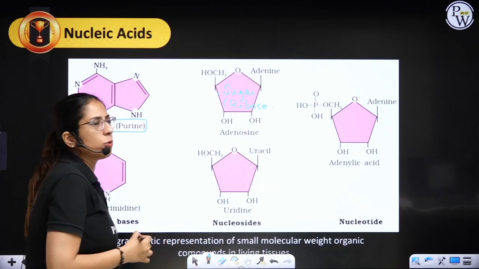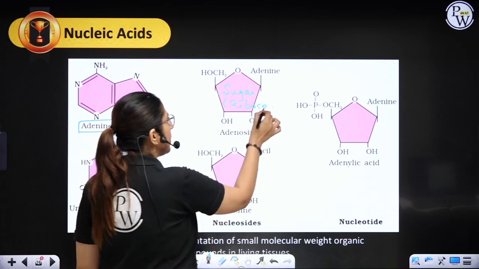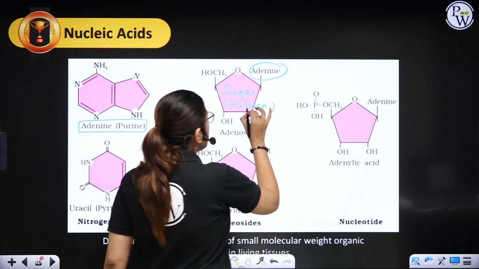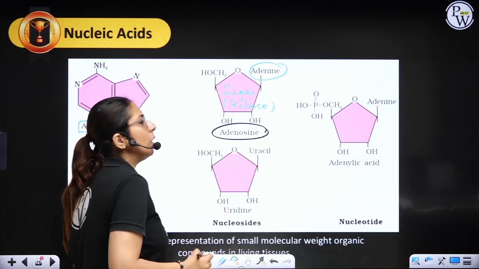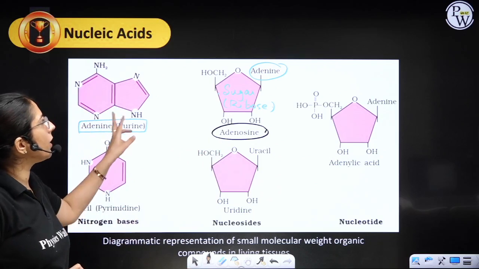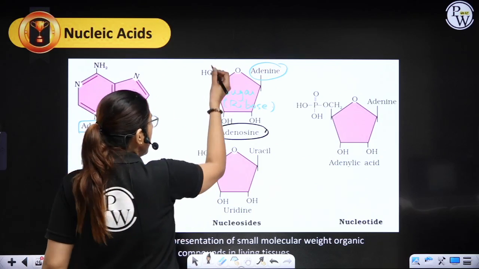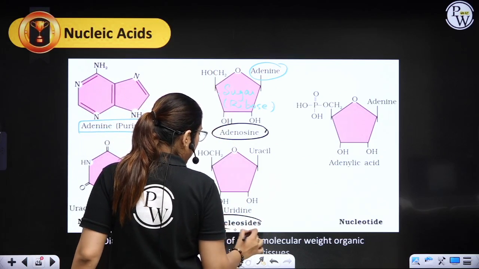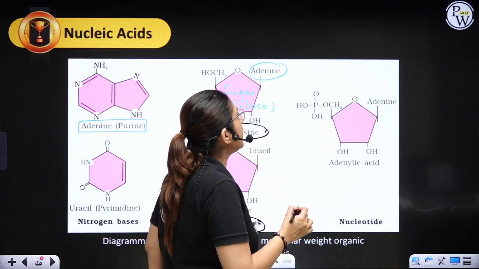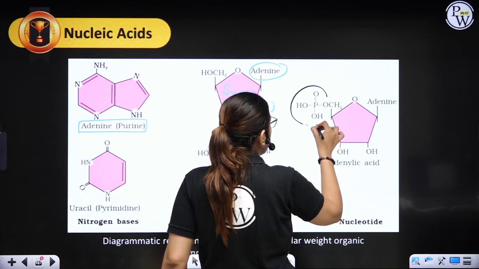When it is attached to a ribose sugar, here adenine is present, and the name is derived into adenosine. Initially adenine, now it is adenosine. So what do we call this? This is a nucleoside. Now when we talk about the nucleotide, you can see a phosphate group is also attached.